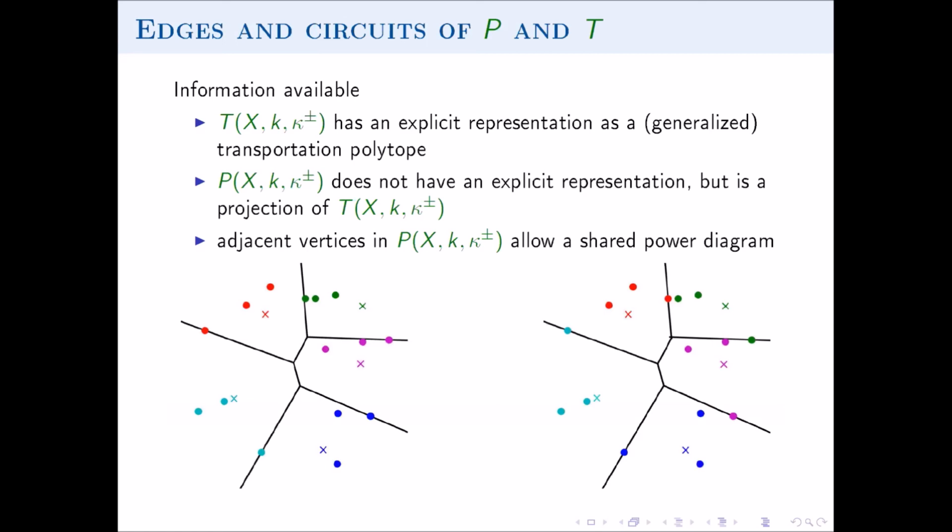Now, that actually means that not only the sites for the construction of a power diagram can be the same, but actually the positions of the hyperplanes, the boundaries of the cells are going to be the same because the whole face is optimal.